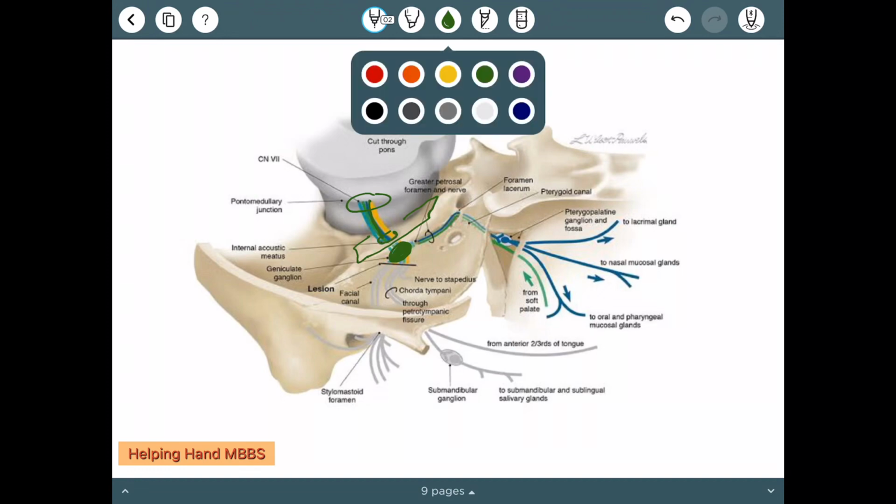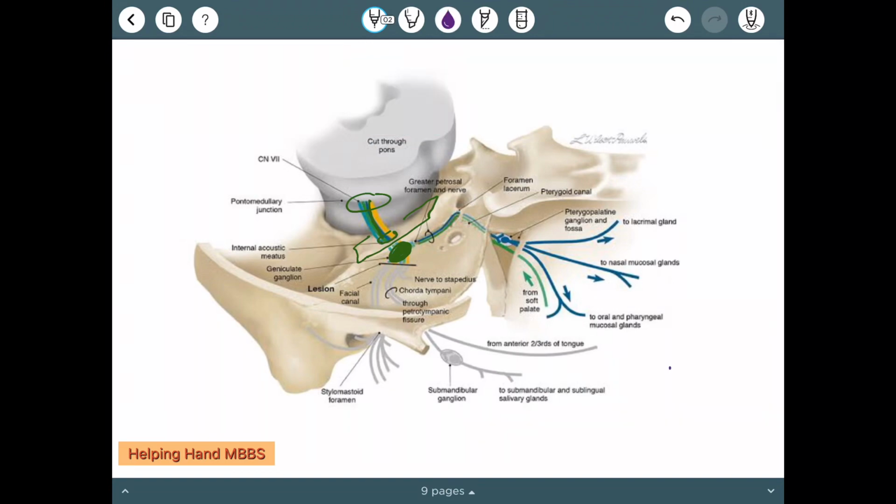So what are the 3 branches we can see here? The first branch is this greater petrosal nerve, the second branch is this nerve to stapedius, and the third branch is this chorda tympani. So you can see here, first that is greater petrosal, second nerve to stapedius, and third that is chorda tympani.